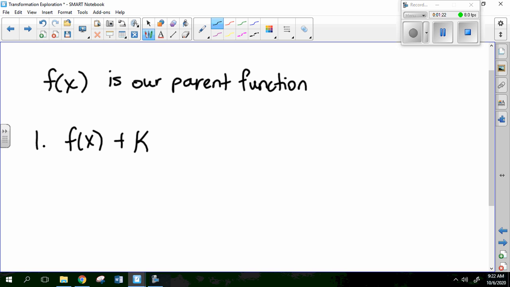What happened? What kind of movement did it make? That's the one that went up. The shift for that was just up, and k is just the number that it goes up by. So if there was a plus 2, it went up by 2. If there was a plus 3, it went up by 3.